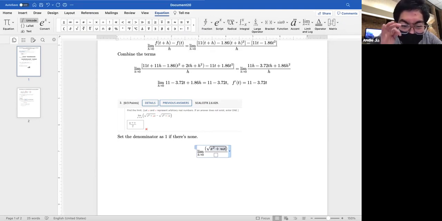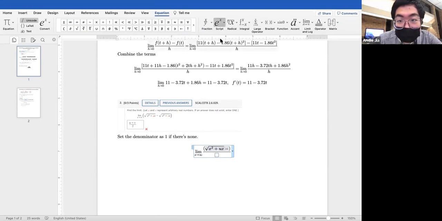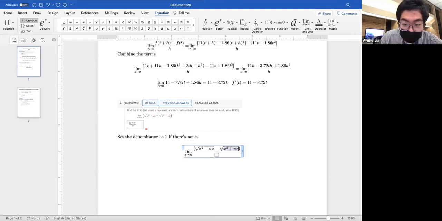It's the square root of x squared plus ux, as x approaches infinity, minus the square root of x squared plus vx.